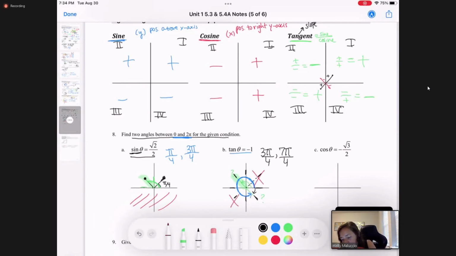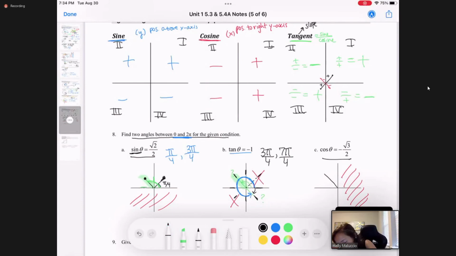Last but not least, we have cosine here, and it's negative. So again, let's look at this. Cosine is negative all here. So we know it's not going to be in the positive quadrants. So we know that it's not going to be here, and the two angles are going to be somewhere in these quadrants.